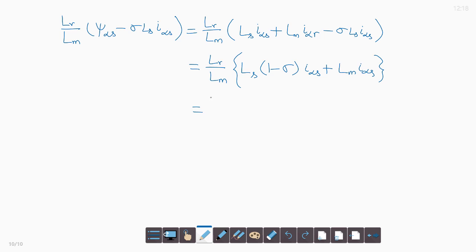Sigma is 1 minus Lm square divided by Ls into Lr, so 1 minus sigma is Lm square divided by Ls into Lr, into I alpha s, plus the other term Lm into I alpha r.